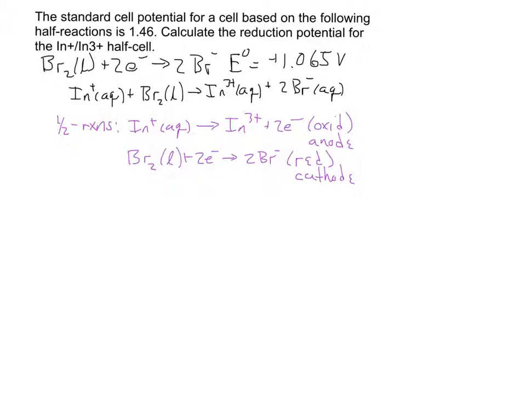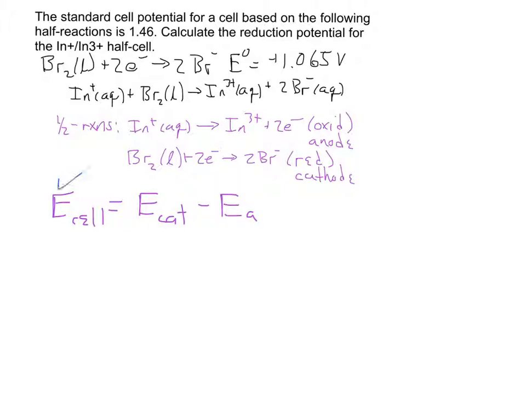Okay. So now that we know what's the anode and what's the cathode, what's the next thing we're going to do? Well, you're essentially using this Ecell equals E cathode minus E anode.